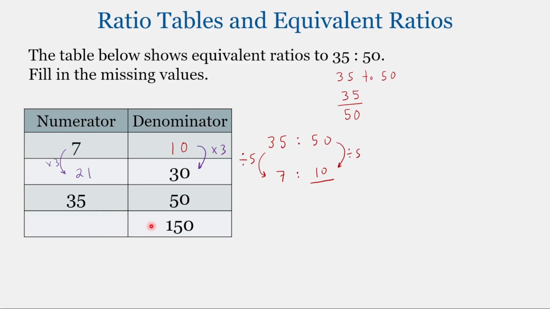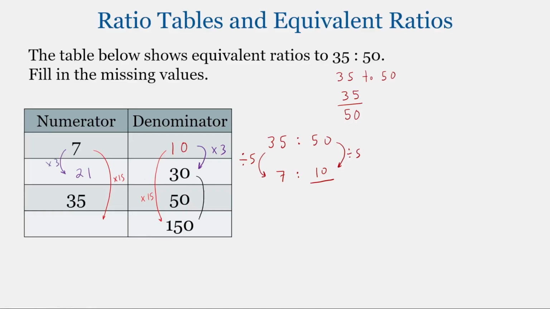For this last one, again, we're missing that first term, so we have something to 150. There are a couple different ways that we can find this term. Now we can start with 10, multiply that by 15, and therefore we'd multiply 7 times 15. Or we can start with 30, and 30 times 5 is 150.